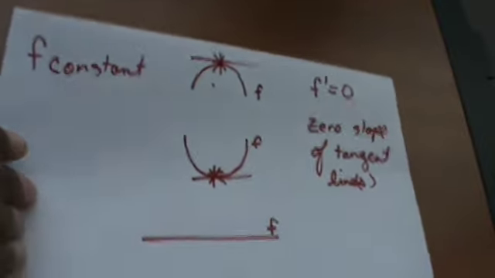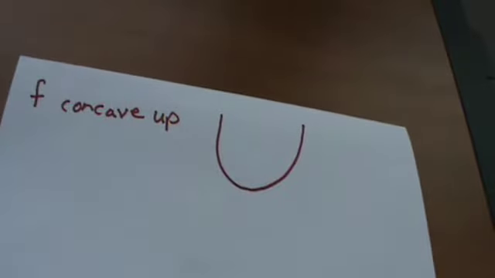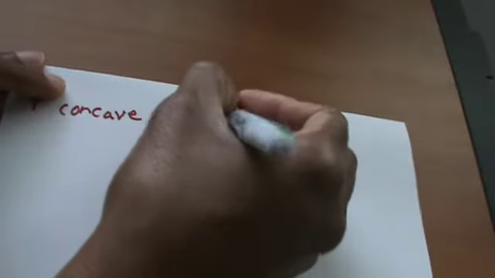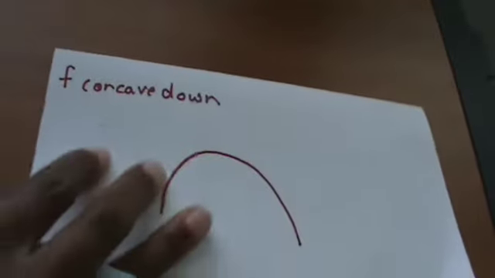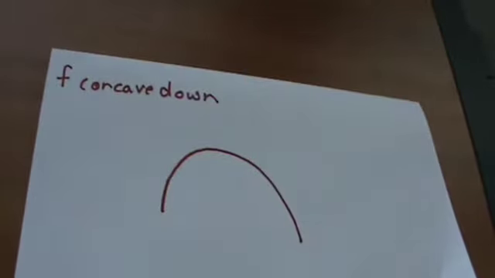Okay. So if your function is concave up, it looks as if the function f is smiling. If your function is concave down, there you go, it looks as if your function f is frowning.